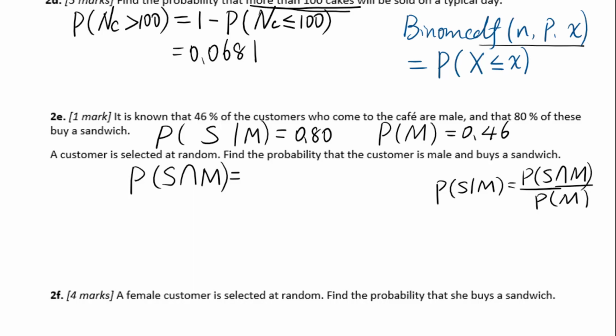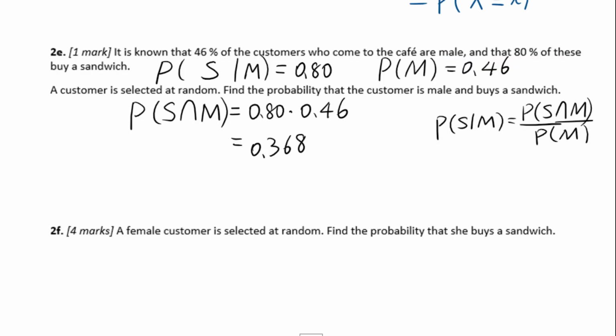Therefore, probability of S intersection male equals 0.80 times 0.46 equals 0.368. 2F.